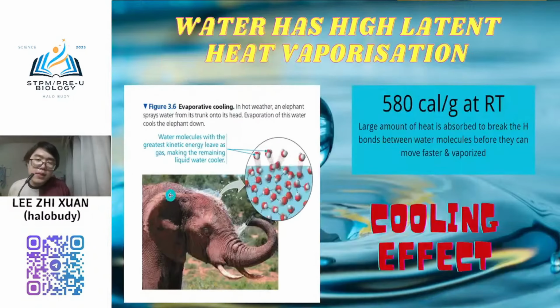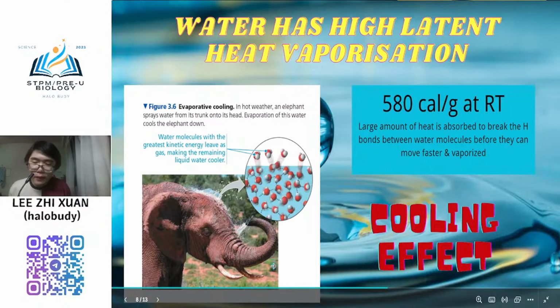If you see this diagram, at the top layer of the water molecules, the hydrogen bonding is very strong compared to the lower layer. The water molecules are arranged very tightly at the upper layer compared to the lower layer.